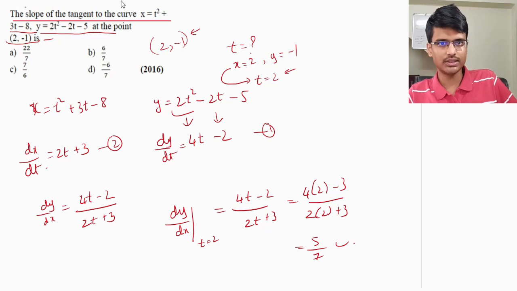So I'll just check this. Maybe I'll just check and I'll let you know in the comment section. So the correct answer that I'm getting is 5 by 7. Maybe there is some error. I'll just figure that out and I'll let you know in the comment section. I think 5 by 7 is the correct answer, but let me just check that. Okay. Thank you.